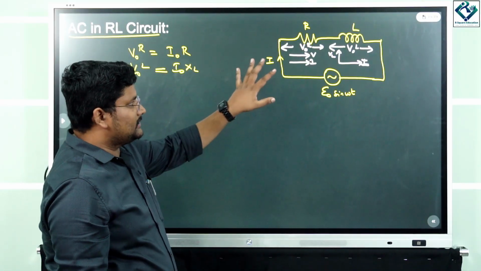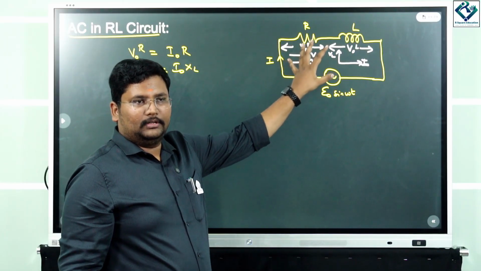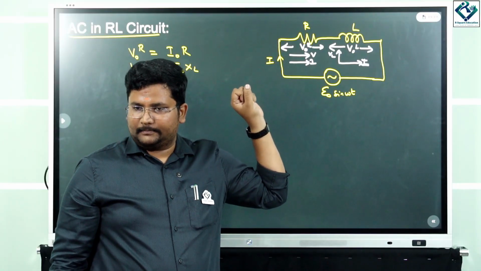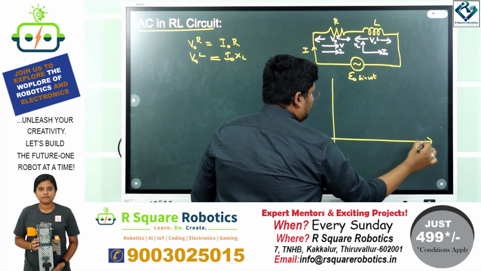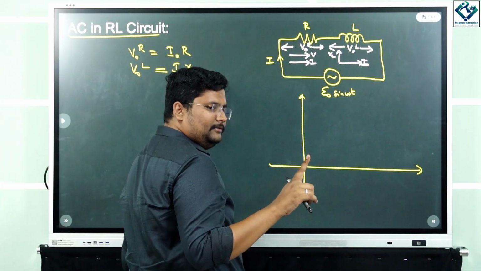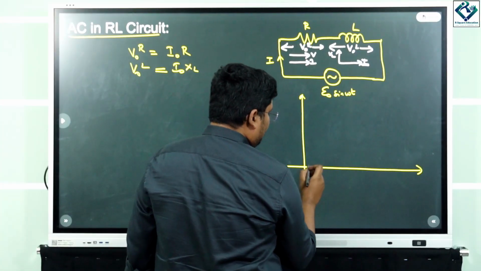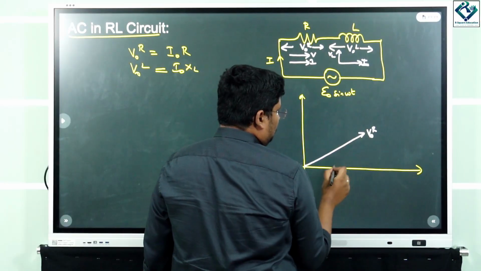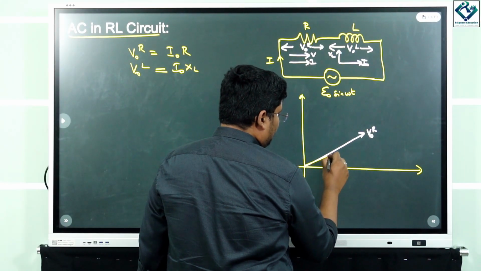So first we will convert this entire circuit into a phasor diagram so that it is easy for us to evaluate the current. First we will go for the potential drop across the resistor. If this is V naught R, the current will be in phase.